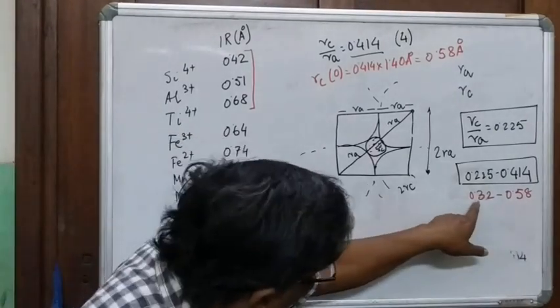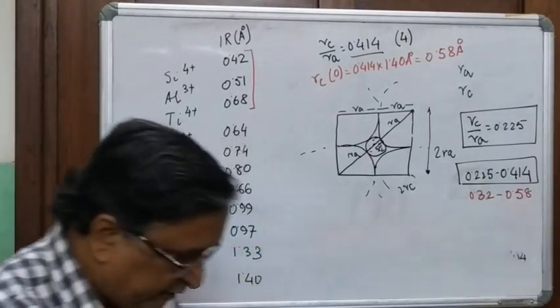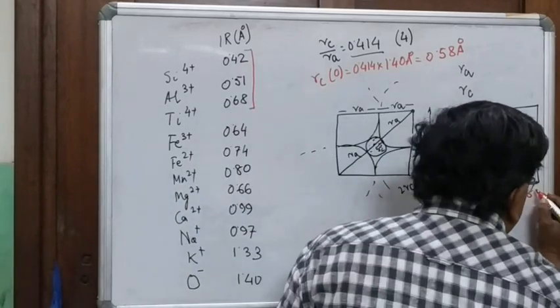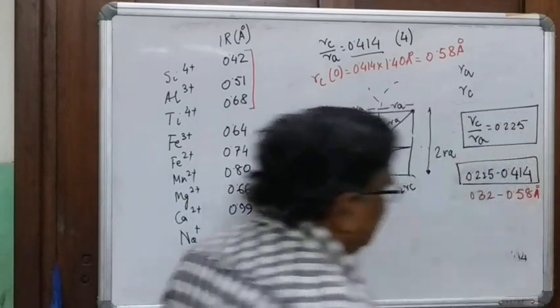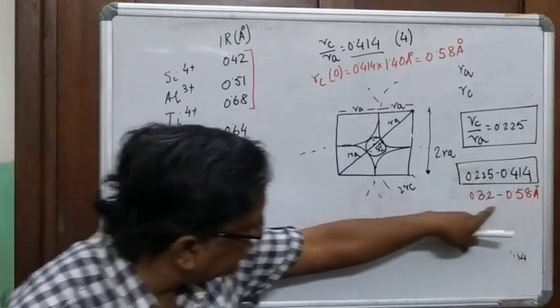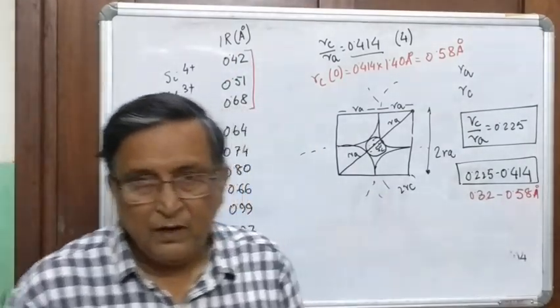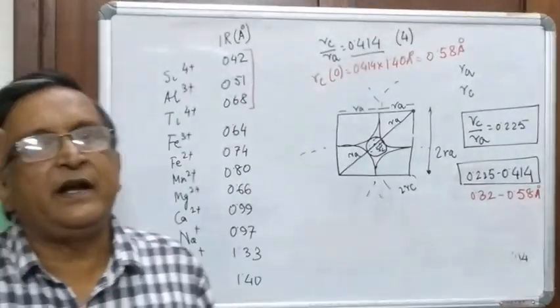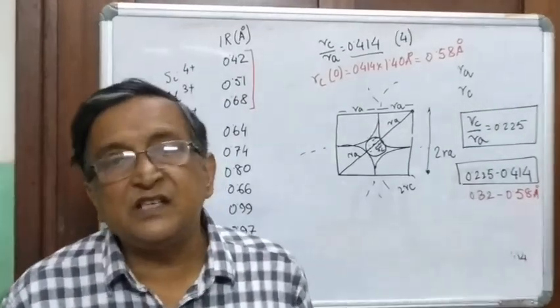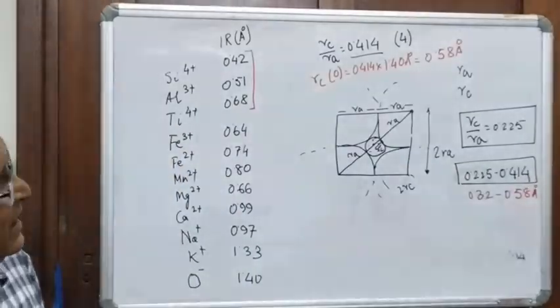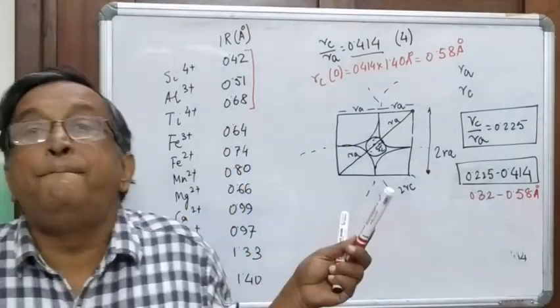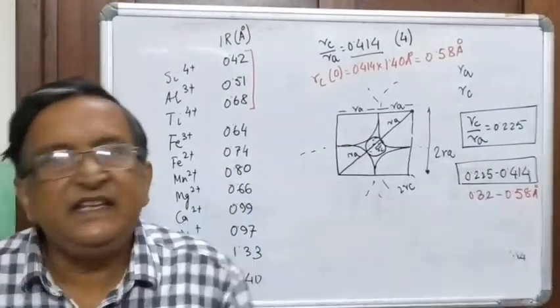And therefore, cations with ionic sizes of 0.32 to 0.48 angstroms can be admitted into the crystal structure. But there is a very fundamental assumption. What assumption? We have said the spheres are incompressible, which is complete ionic bonding.